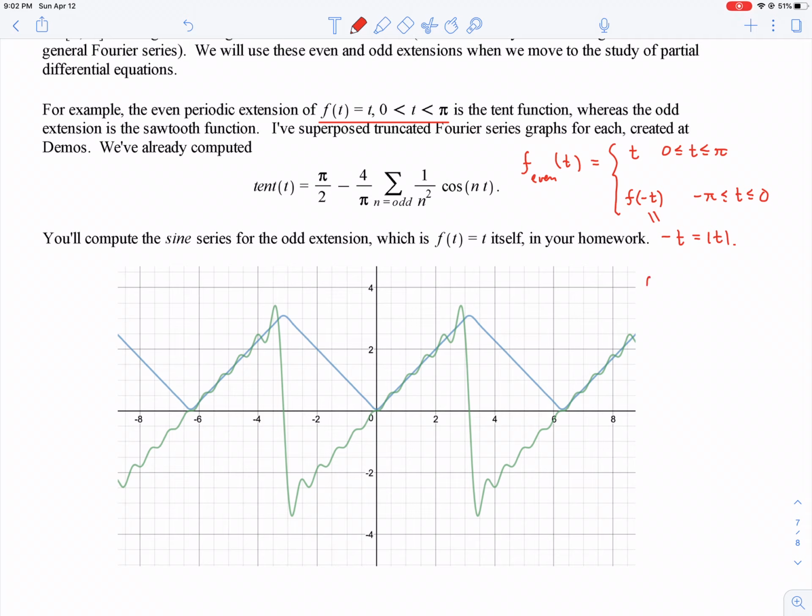Let's see if I can do better with the odd extension, which we know is going to be t. So f odd of t is, well, it's t if 0 is less than or equal to t is less than or equal to pi. And it's minus f of minus t when t is negative.